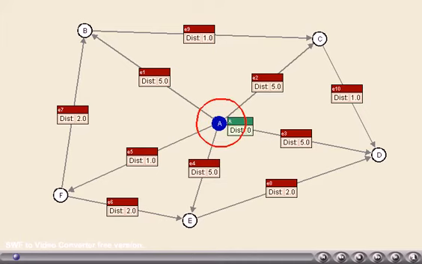Now, for this node, we consider all the adjacent nodes and we make them also ready. And also their minimum distances from A are updated. While doing so, the arc weights or edge weights are taken into account.